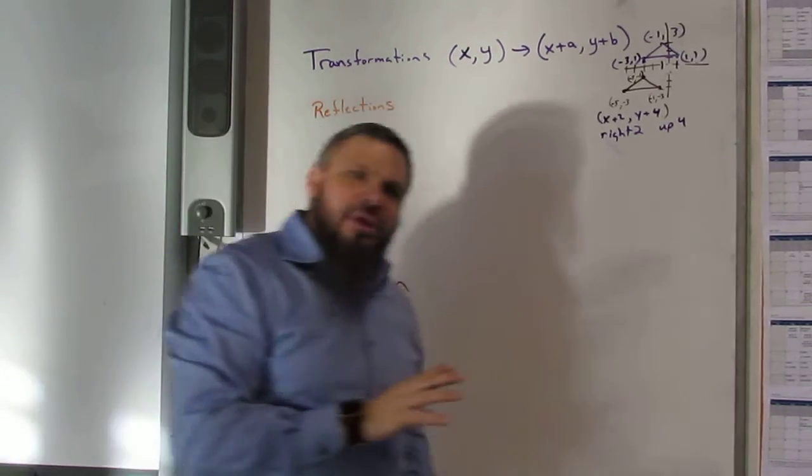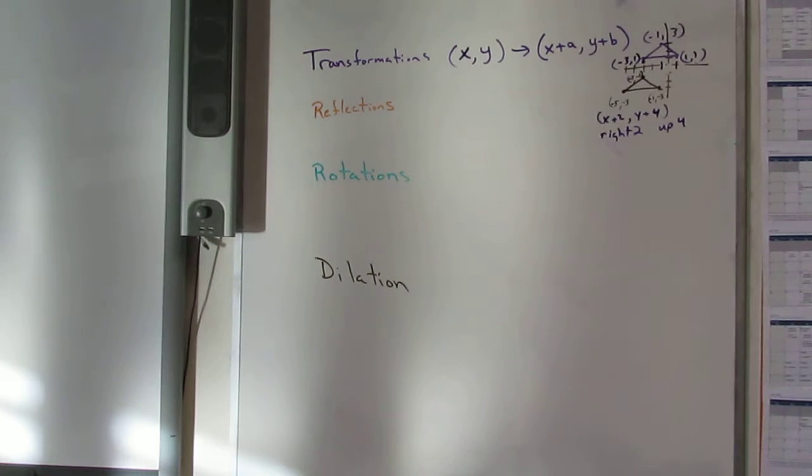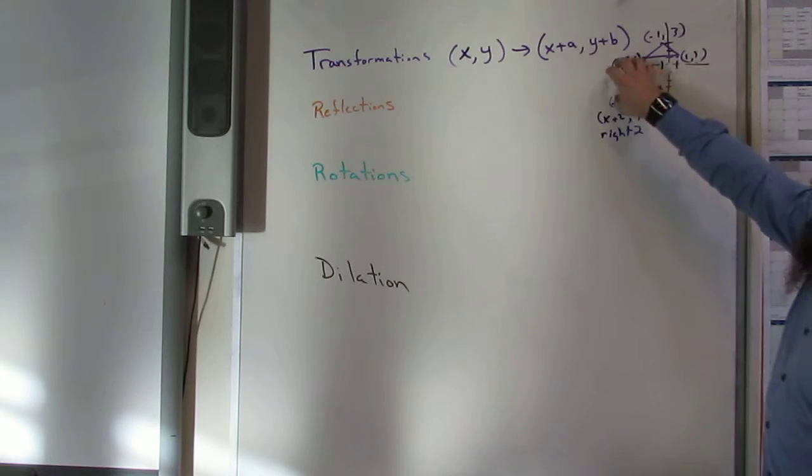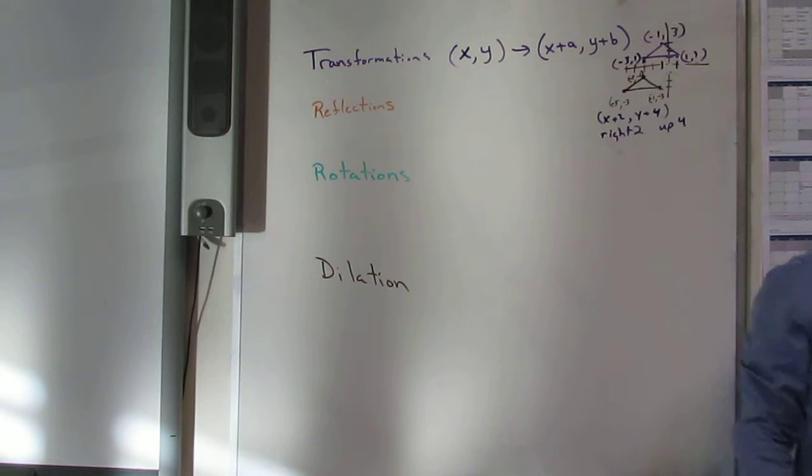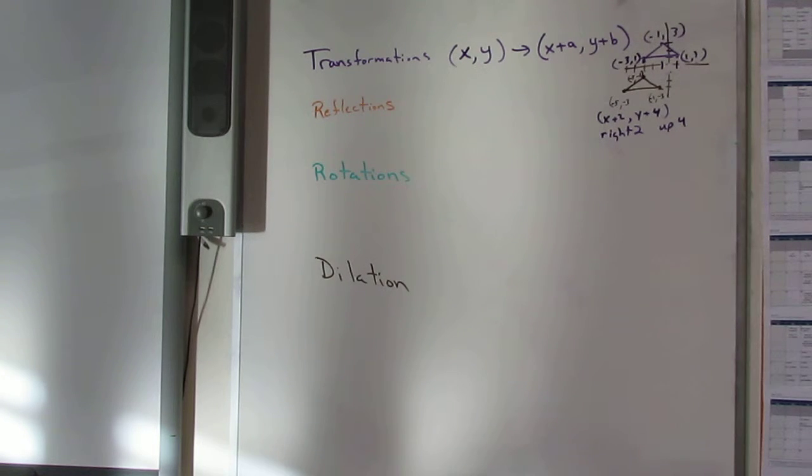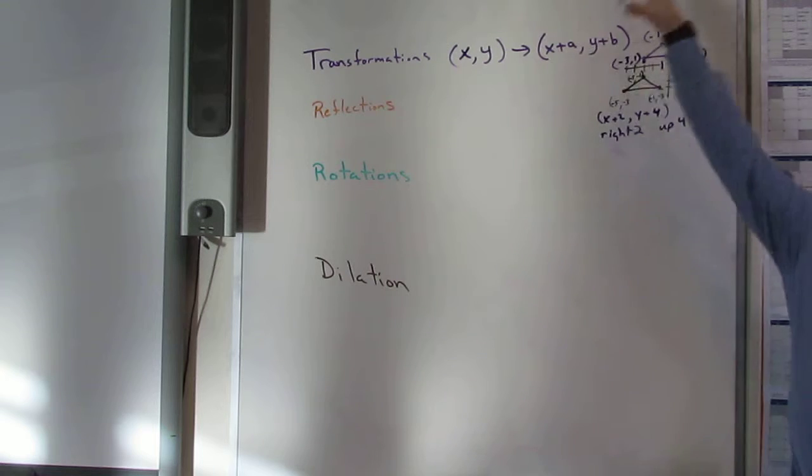So we're just moving it right and up. So we're adding to the x's, we're adding to the y's. Translation, just moving it. These other transformations have a specific movement, but this can go anywhere I want.